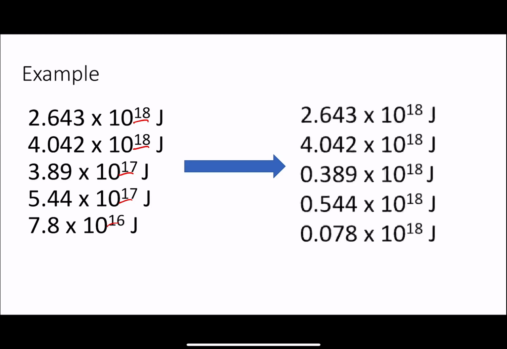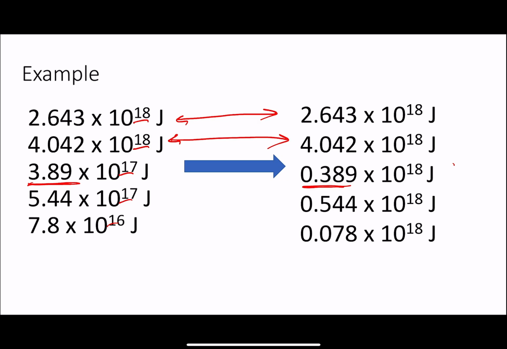If we compare, these are the same. These are the same because they're on the 18th power already. The next one, whoops, spoiler alert there. The next one, see how they moved their decimal point 1 over, so instead of it being 3.89, it's 0.389.